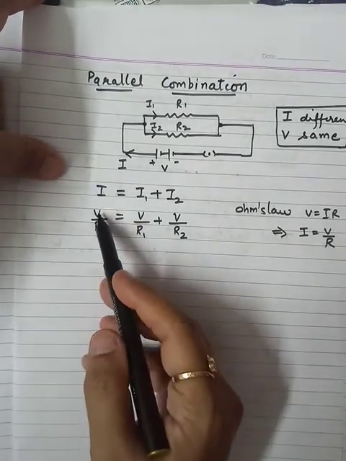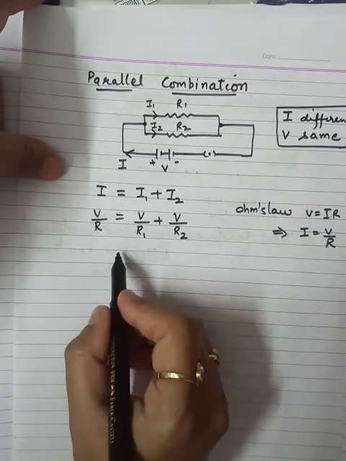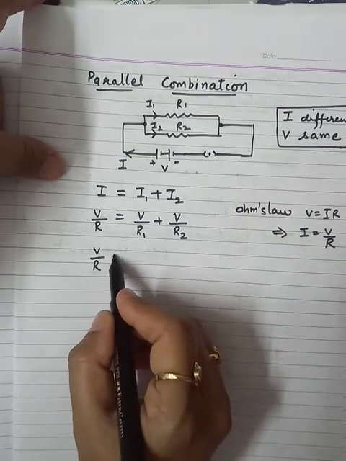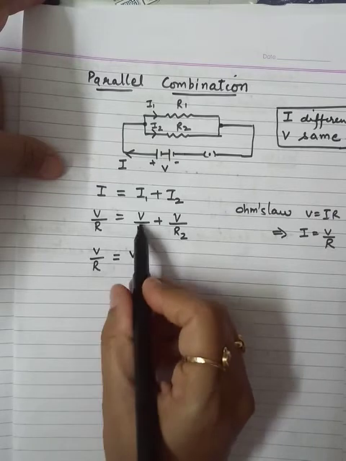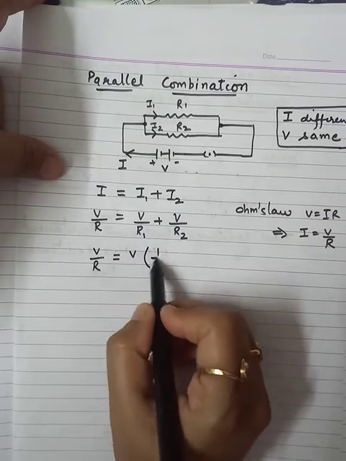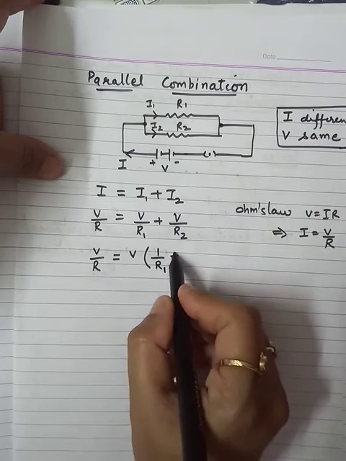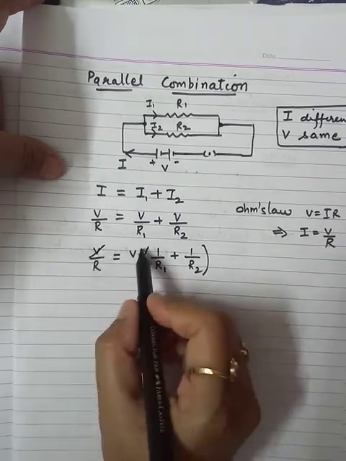So for I it will be like V upon R. Total I is equal to total V divided by total R. Now what is total R over here? It is nothing but total resistance or effective resistance. We take V common over here, then what will be remaining in the bracket? It is 1 upon R1 plus 1 upon R2, right? So V is cancelled out.